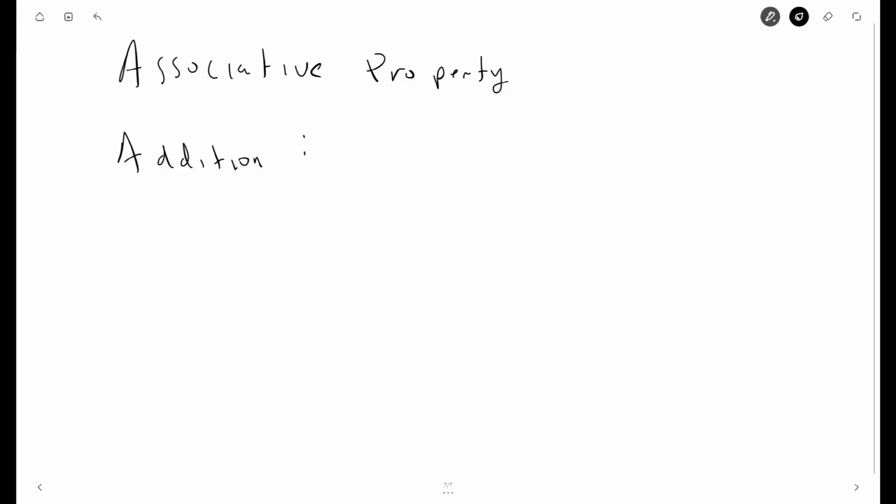The next property we're going to be looking at is the associative property. The associative property also applies to addition and multiplication. It indicates that the way numbers are grouped does not affect their sum or product. So for addition, we say that (a plus b) plus c is the same as a plus (b plus c).